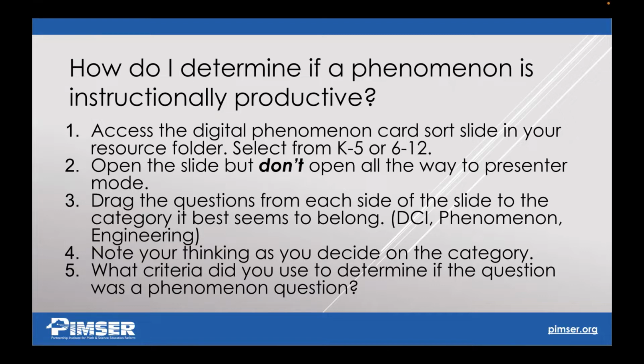Sort the questions into 3 categories: DCI question, phenomenon question, or an engineering question. As you sort, note the criteria you use to decide which category the question belongs. Make note of the key criteria that distinguish phenomenon questions from the DCI or the engineering design questions.